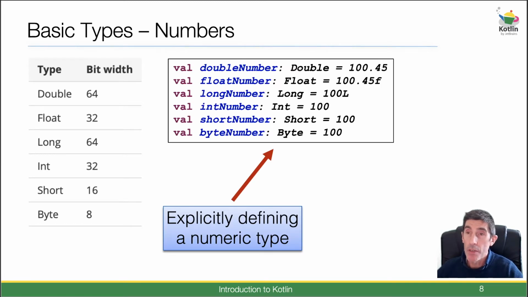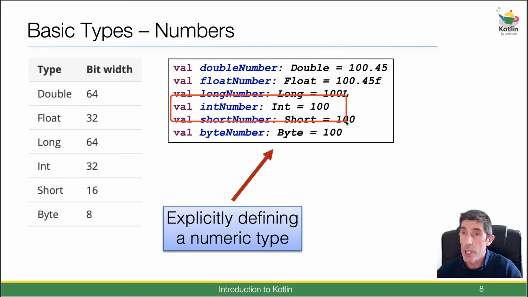In terms of defining those types, as we would have seen already, we can explicitly define a numeric type. So you can see here we're saying val, they're all val, we'll cover that in a minute, but we can say val double number, just to highlight there for a second, and assigning it a value of 100.45.